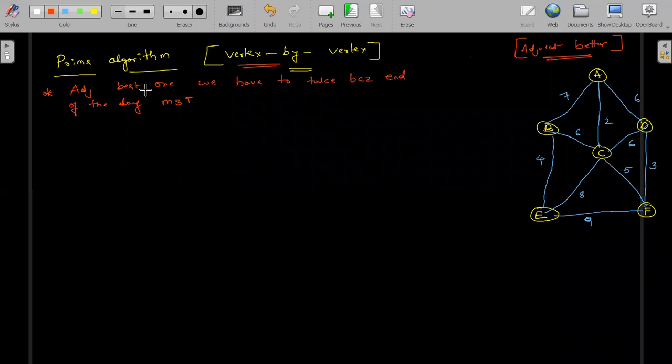Adjacent best we have to take. Then only, at the end of the day, can we create the MST.